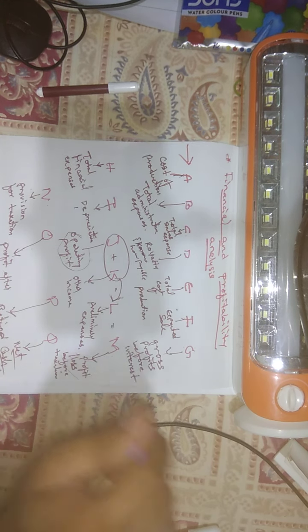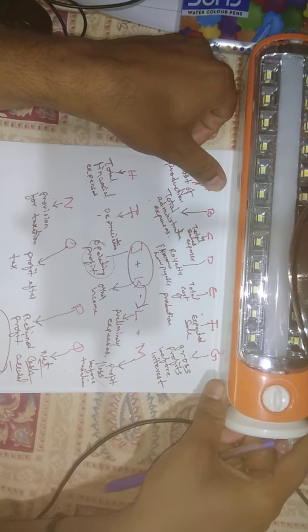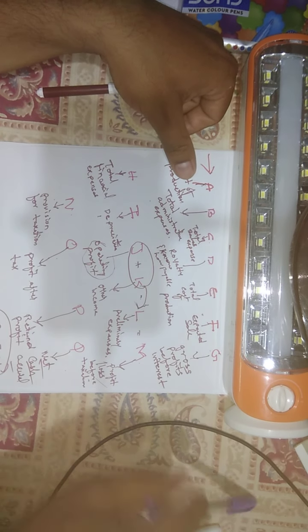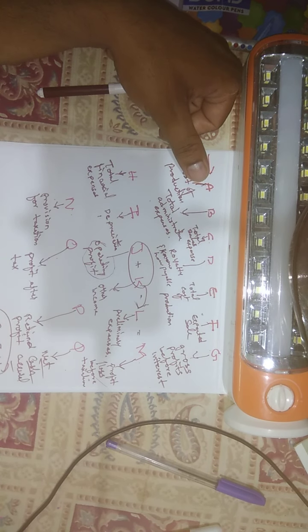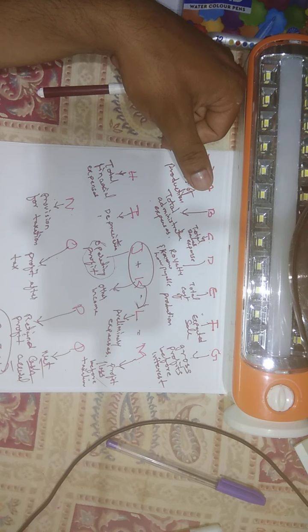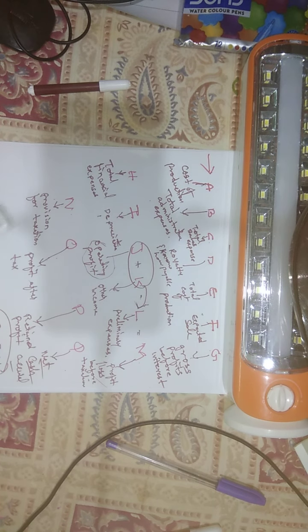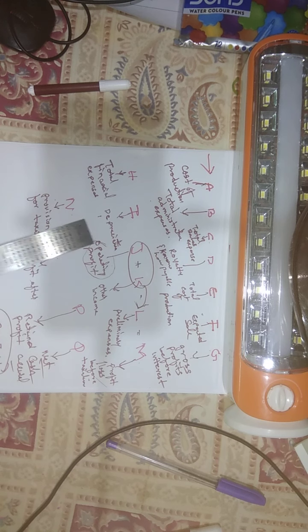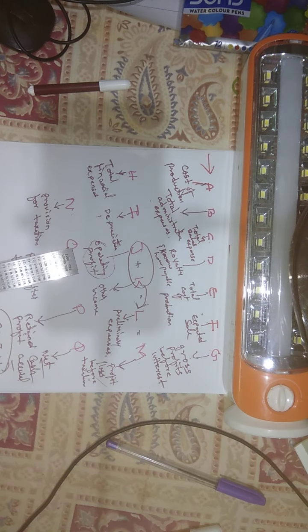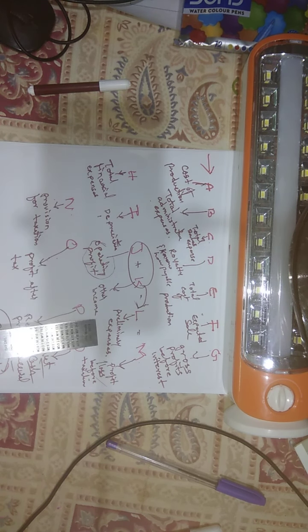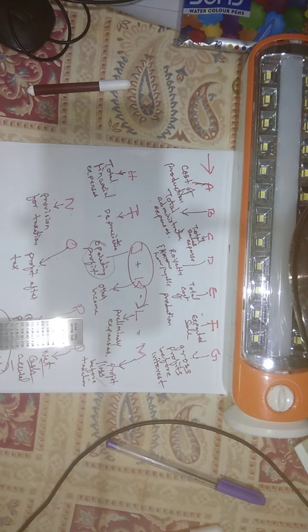Then H, the total financial expenses, what we call H1, is total financial expenses. Then I is called depreciation. Then J is operating profit, K is other income, L is preliminary expenses.